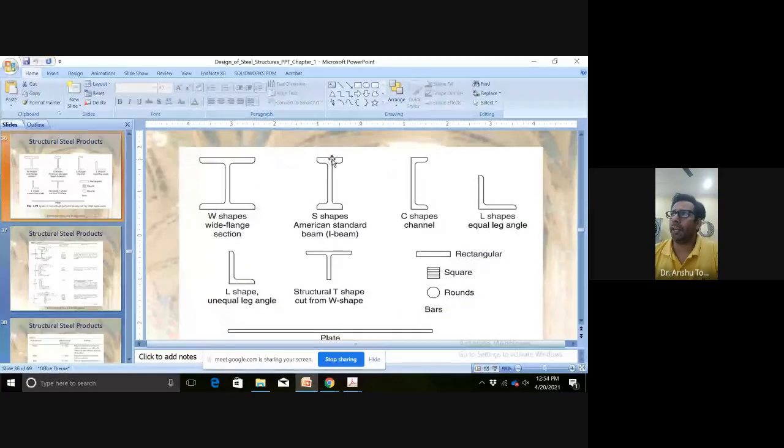It is easy to find the moment of inertia for these types of sections, the only thing is that they have a curved part here. They are not exactly rectangular sections, although you can find the moment of inertia based upon their geometric properties, which is Ix, if we are finding the moment of inertia about the local x axis.